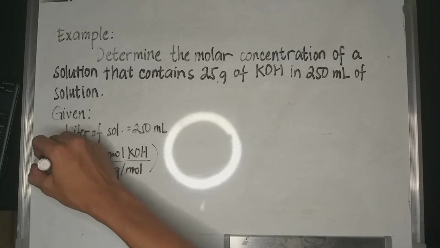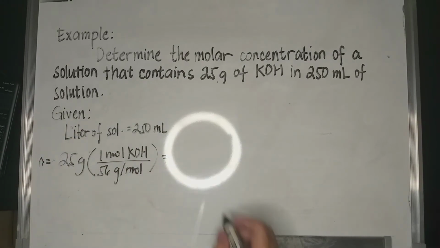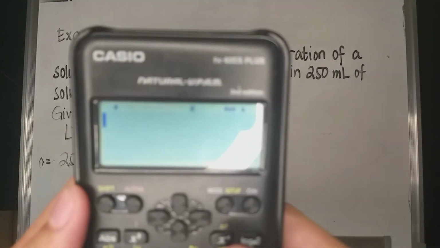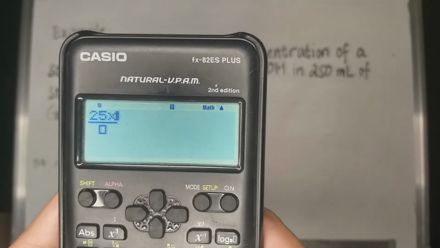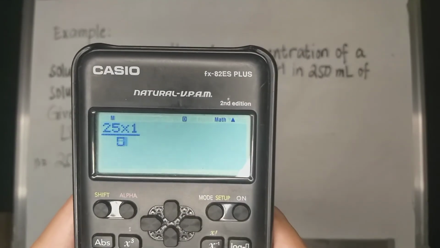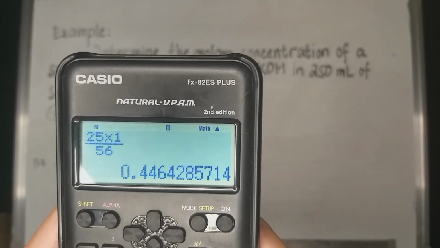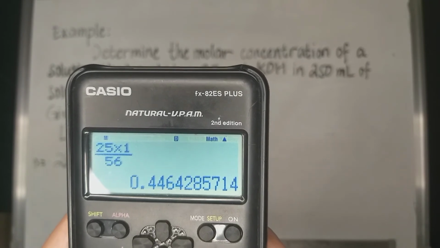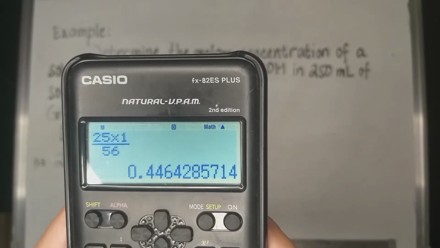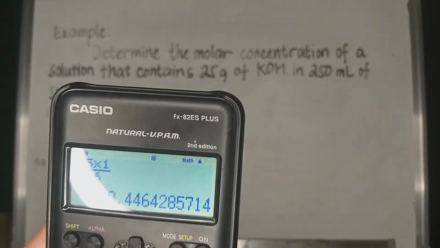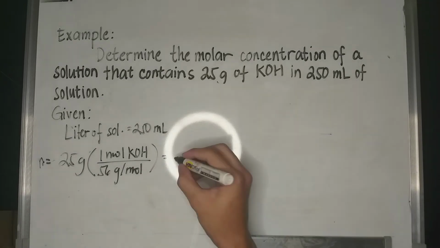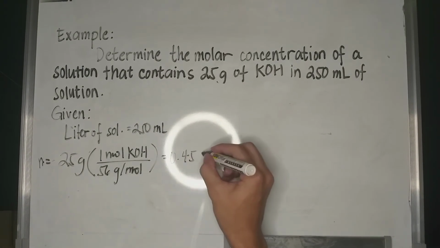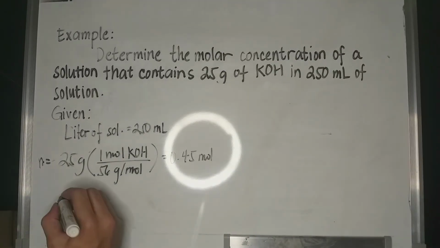Then, let's use the calculator. So, 25 times 1 mole divided by 56. So, the answer is 0.4464. And let's round it off to 2 decimal places, which is 0.45. 0.45 mole.